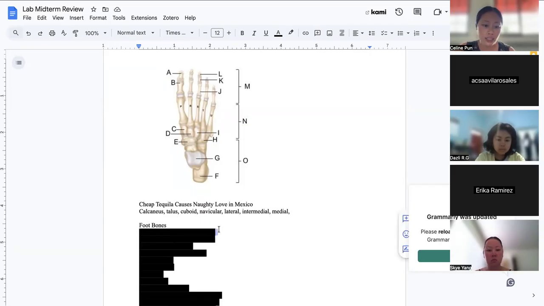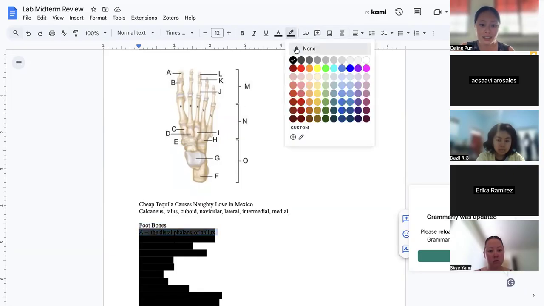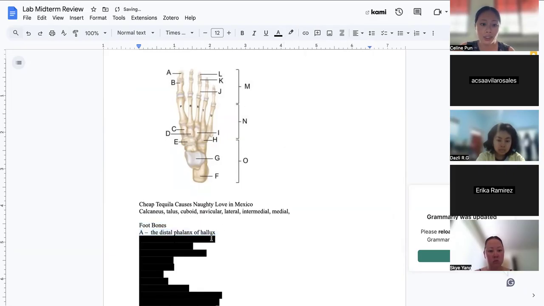A is the distal phalanx of the hallux, which is your big toe. B is the proximal phalanx of hallux. Proximal means it's closer to you. C, okay. Since I gave you this acronym, what is C?